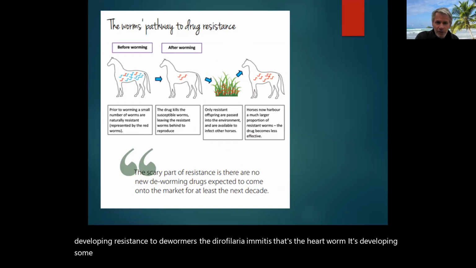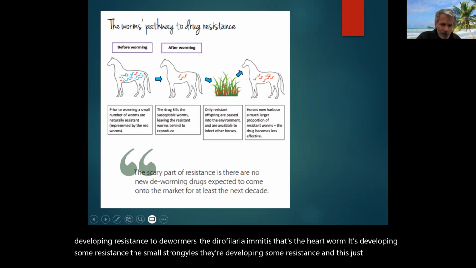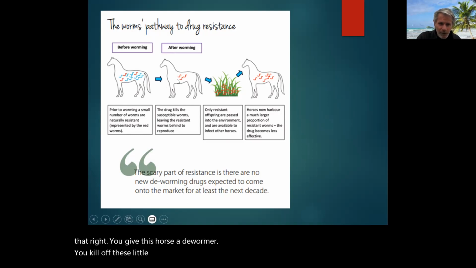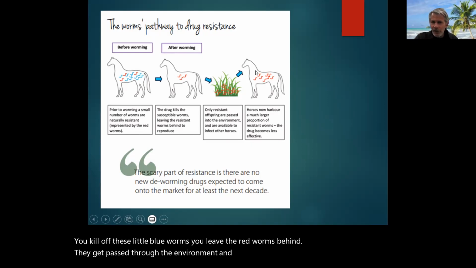The small strongyls, they're developing some resistance. And this just illustrates that, right? You give this horse a dewormer, you kill off these little blue worms, you leave the red worms behind, they get passed into the environment, and now that's all there is, just these resistant worms.